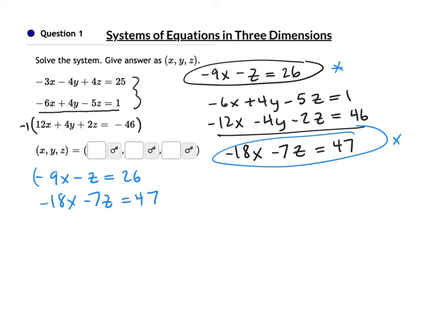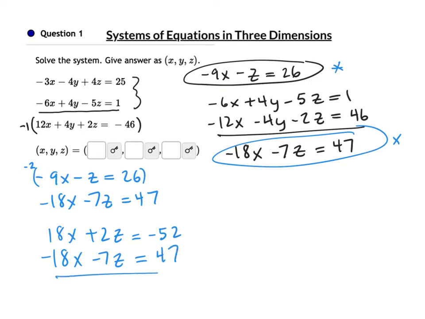I'm going to take the top equation and multiply that by negative 2. That's positive 18x, positive 2z, and negative 52. Doesn't matter which equation is on top, because you're going to add the two equations, but I'm going to keep it the same.